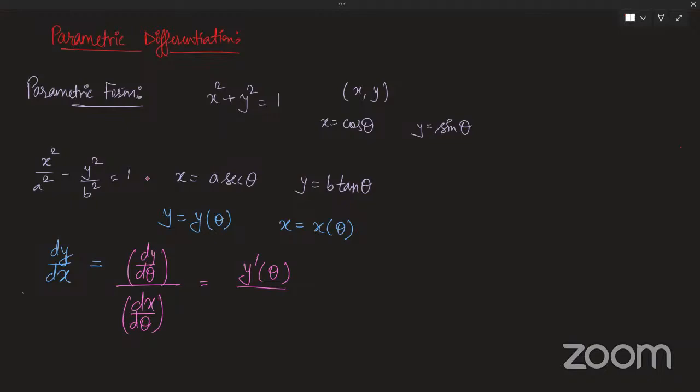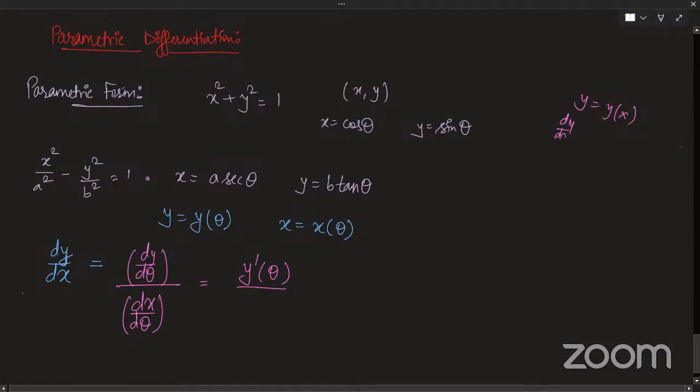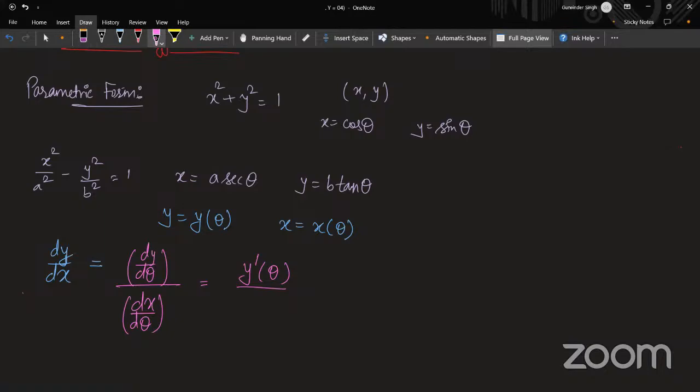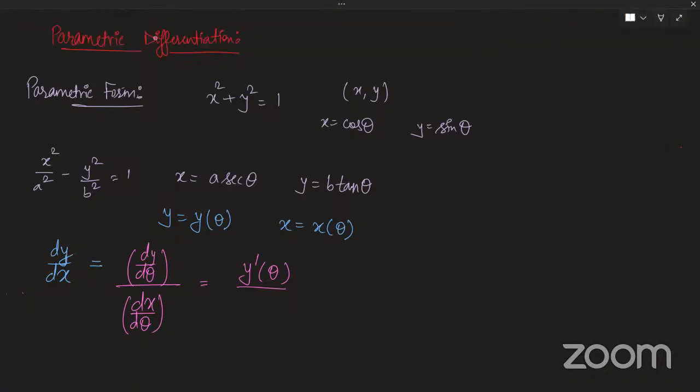See, if y is a function of x and I write dy by dx, you can just directly write it as y dash x. The same goes for theta also. So just in your thinking, just replace your x with theta and you'll get this. Can you tell me what will be my denominator? x dash theta.